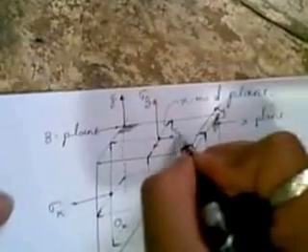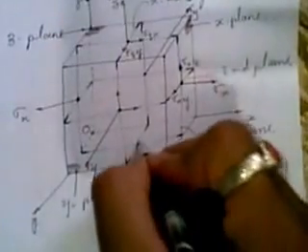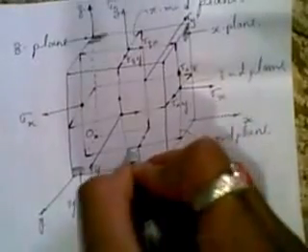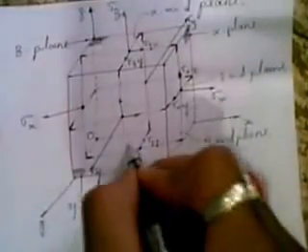So tau zx, this should be tau zy, and negative direction is this, and this tau zy and tau zx.